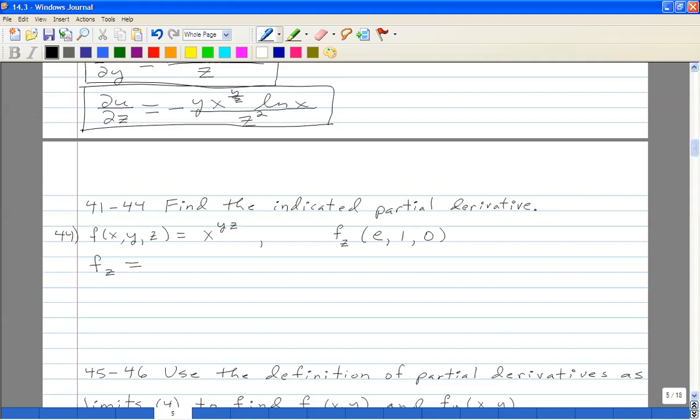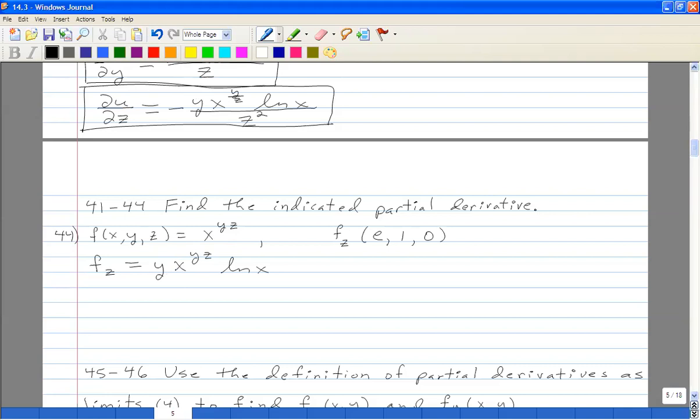And so just like these previous two partials, this is just going to be x to the power yz ln x times the derivative of the exponent. Well, the derivative of the constant y times the variable z is just the constant y.